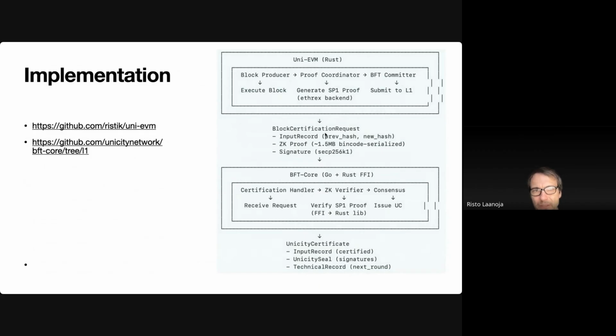And then the block certification request goes to BFT core. The input record is not modified, but the certification request has one extra field, which is a ZK proof blob. The BFT core itself is written in Go, and that's why it was necessary to extend it with some Rust library, which is called through a C language wrapper.